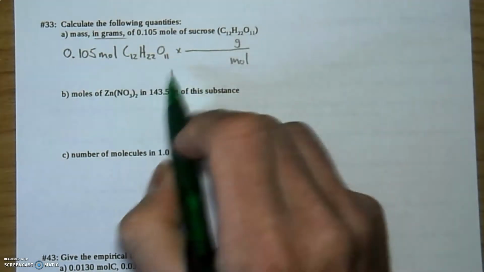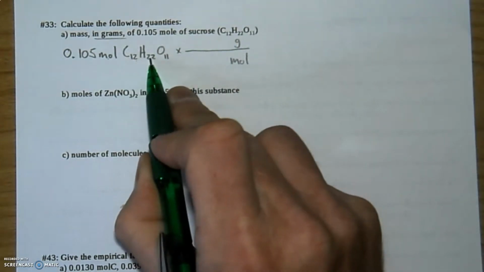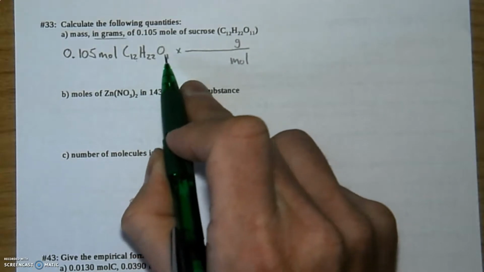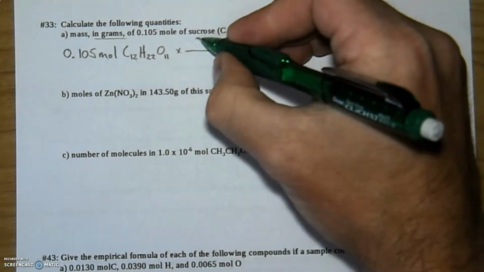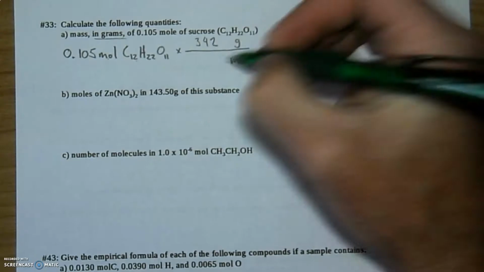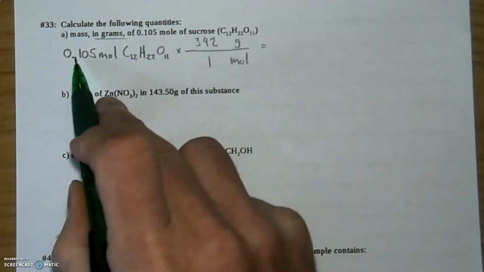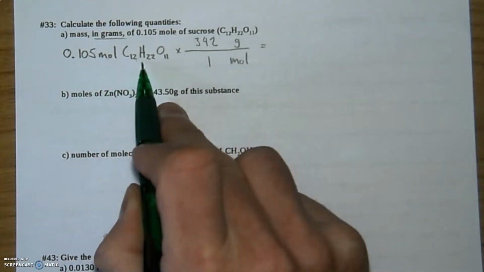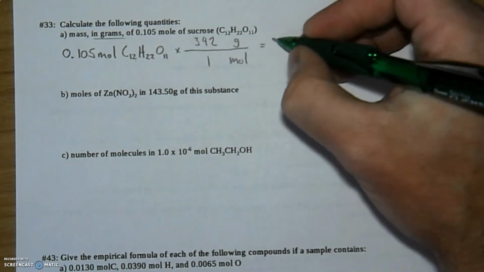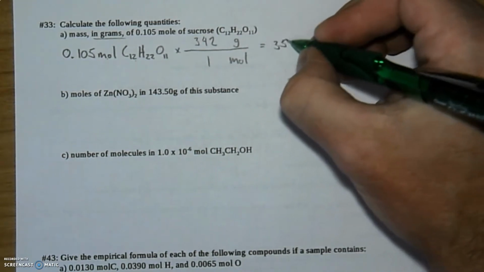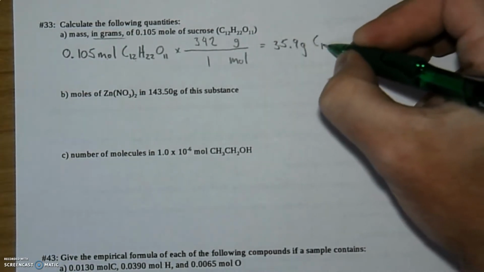If I do the whole math process like I did in the previous problem, 12 carbons times a mass of 12, 22 hydrogens times a mass of 1, 11 oxygens times a mass of 16 each, that'll add up to 342 grams about for every 1 mole. And if we do the math process, 0.105 moles times that many grams for every 1 mole, you should end up with 35.9 grams of sucrose.